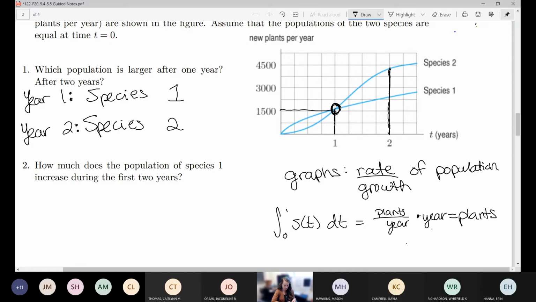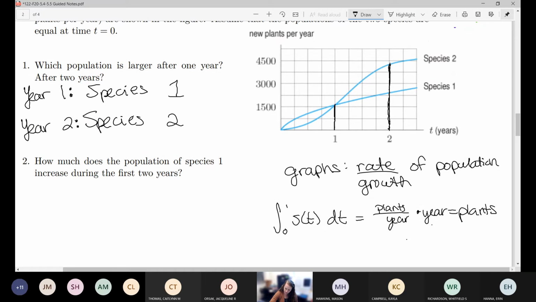So say we want to know how much the population of species 1 increases during the first 2 years. Since these blue lines that are graphed give us the rate at which it's changing, the area underneath of that function is going to give us the amount that it changed. So let me say this really quick.